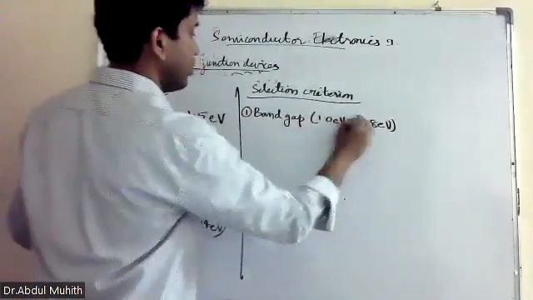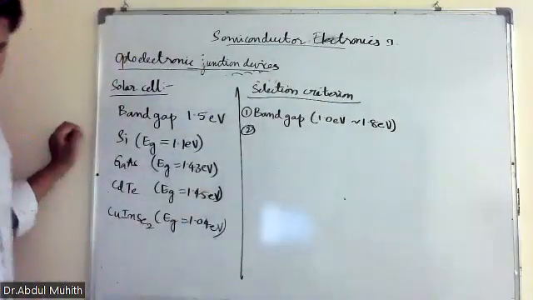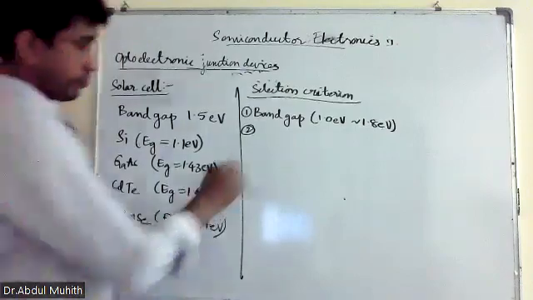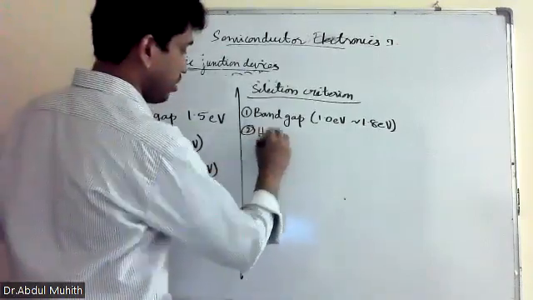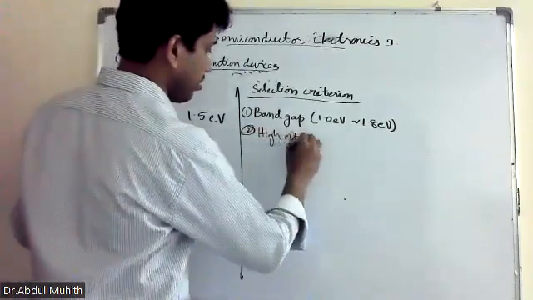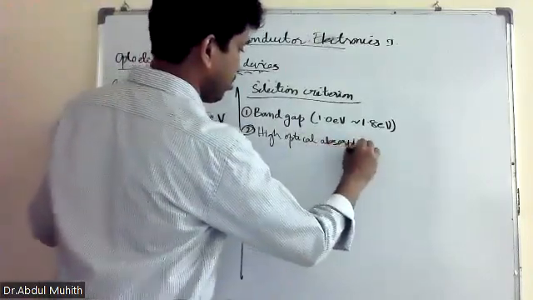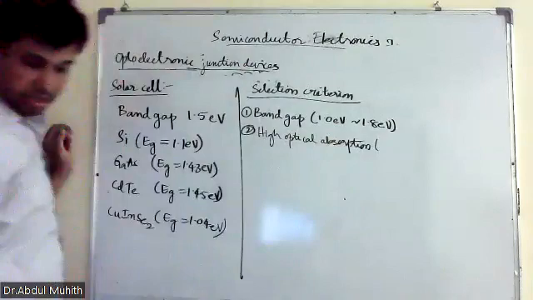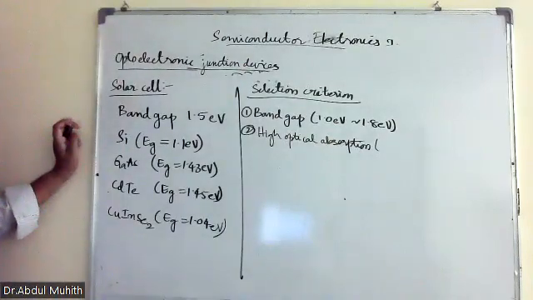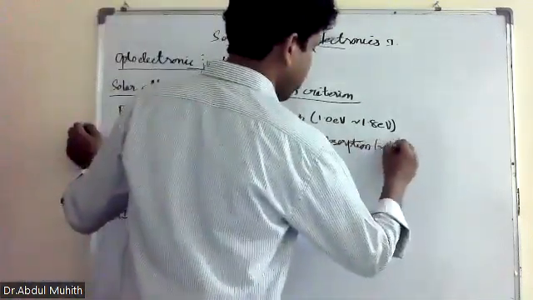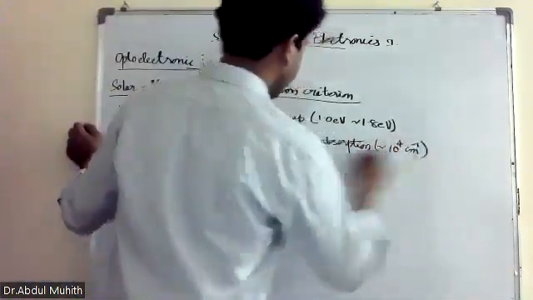Number two, high optical absorption. How much is it? 10 to the power of 4 per centimeter.